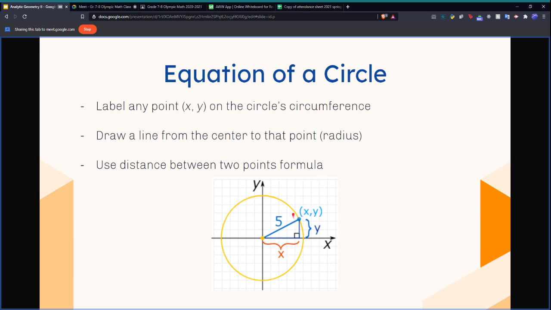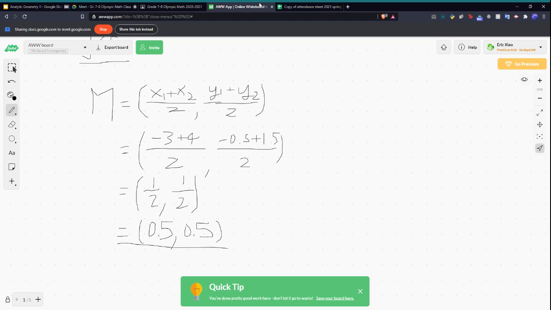Then we're going to do a similar thing we did before to calculate the distance between two points. We draw the horizontal component, which is x, and the vertical component, which is y. And basically from here, we can just use the distance between two points formula to find our equation. I'll show you guys how to actually get it for this specific circle.